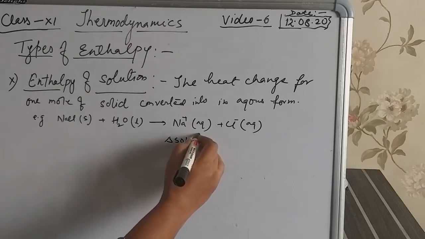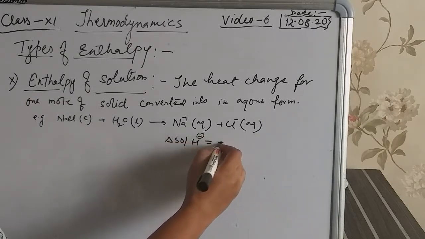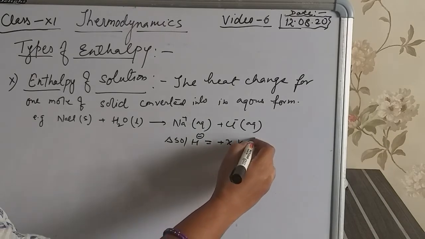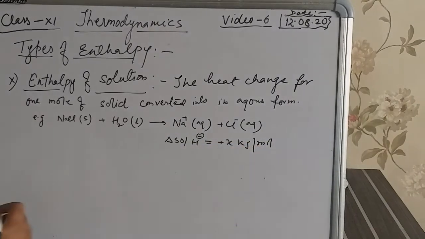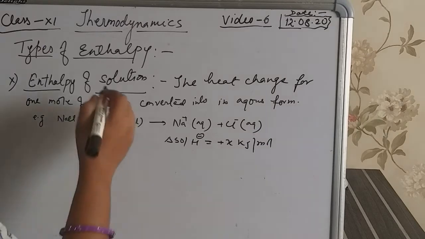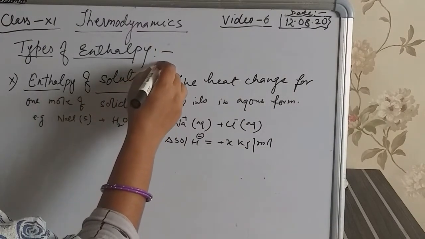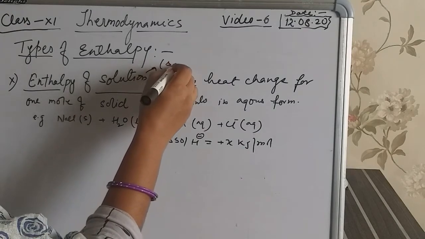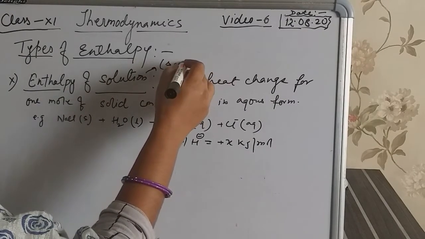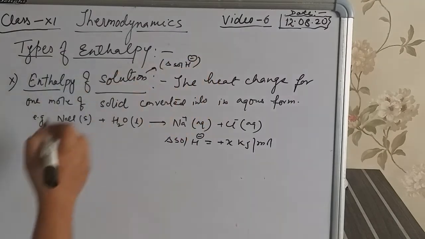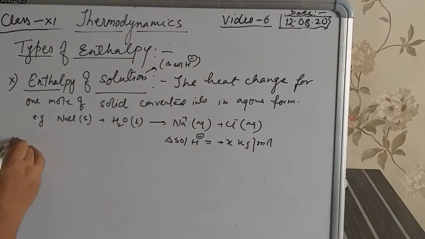The enthalpy of solution is XYZ, maybe kilojoule per mole. This is called the enthalpy of solution. So we symbolize it by del H solution. Next we discuss enthalpy of hydration.